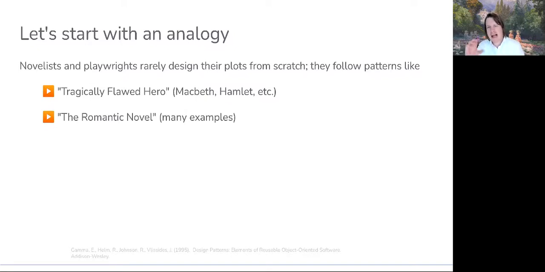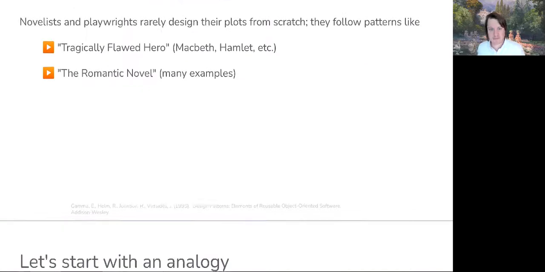But there's this pattern that can be reused as a solution. You can employ one of these patterns, but you can get very, very unique pieces of literature derived from them, despite the fact that they're arising out of this common template, if you will.